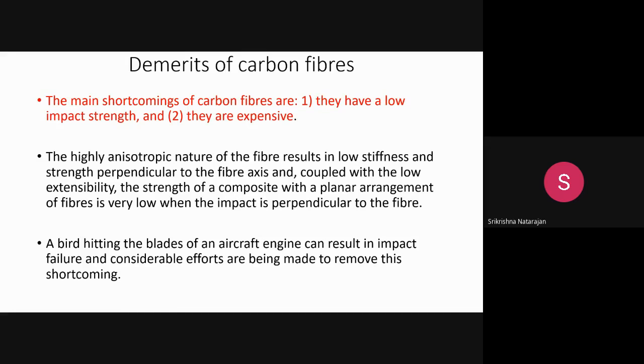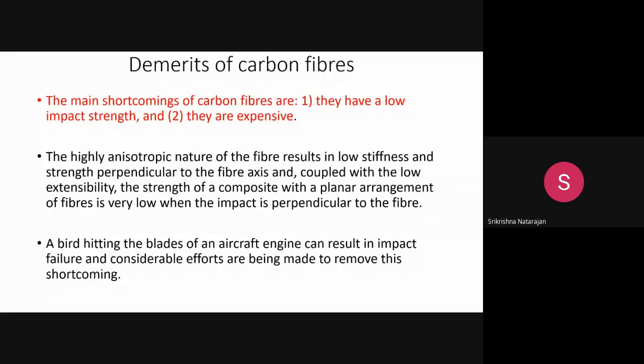So because the properties of the blade in both the axial direction and the other direction are different, that is the reason why carbon fibers are seldom used alone. It is used as a composite. It will be mixed with a matrix material like an epoxy or a vinyl ester or any kind of chemical based matrix, and carbon fiber is taken. Both are mixed together to make a composite. Okay, so that these shortcomings can be overcome.